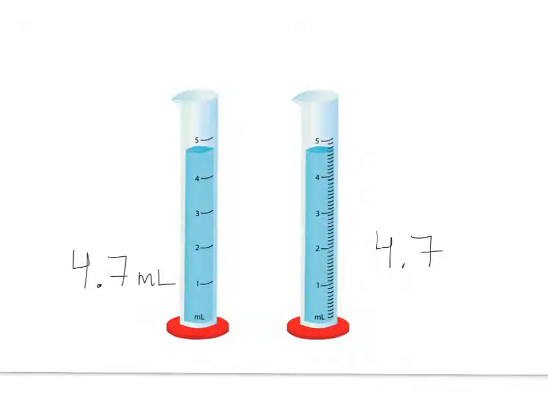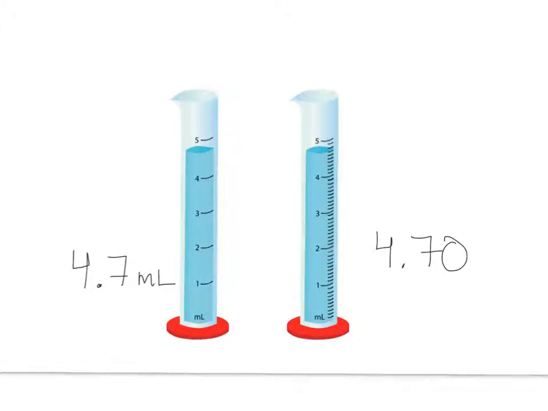But we need a way to show that the measurement is actually better or more accurate than the one on the left. So in order to do that and to indicate that this has more significant digits, a more meaningful measurement, we're going to have to estimate one additional digit. So we could estimate the digit 0.